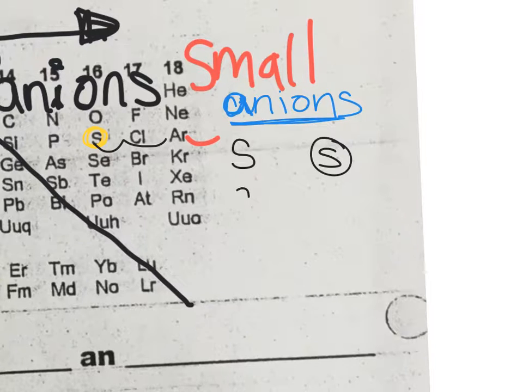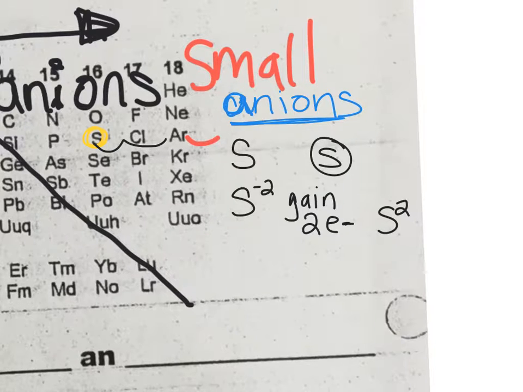Good. So we're going to say sulfur 2- because it's going to have an overall negative charge. He got that from gaining 2 electrons. So what do you think his radius is now going to do? It's going to poof out, so he's going to be humongous.